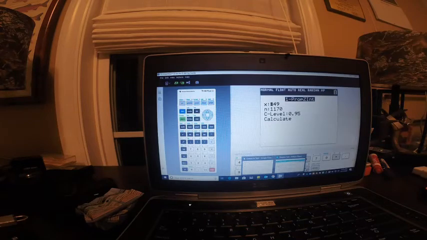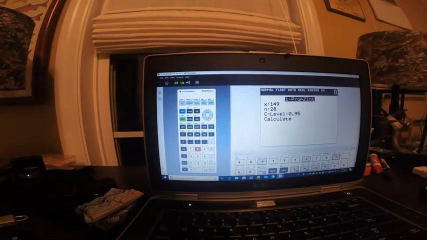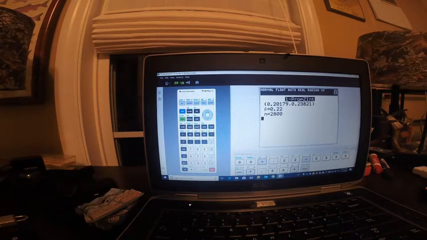So 2,800 is your N. Remember to find your X, you just got to multiply your percent. 22% times 2,800. Make sure it comes out a whole number. If not, adjust accordingly. We want to be 98% confident. 0.98. Calculate it out. Hit enter. And it gives us our interval.